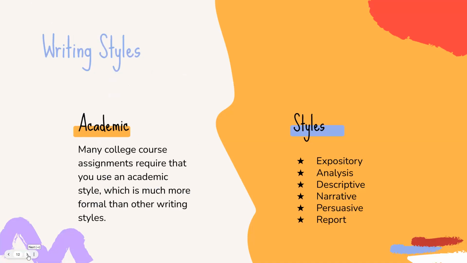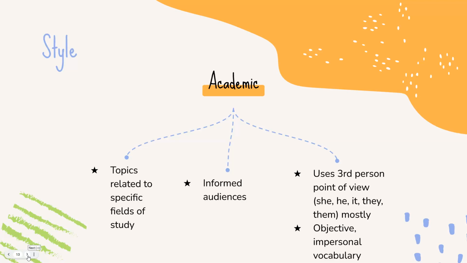And a little bit more about writing styles. Again, in an academic setting, typically you're asked to use academic language, which is more formal than other styles. So when we talk about that, we are thinking about our topics that are related to specific fields of study.